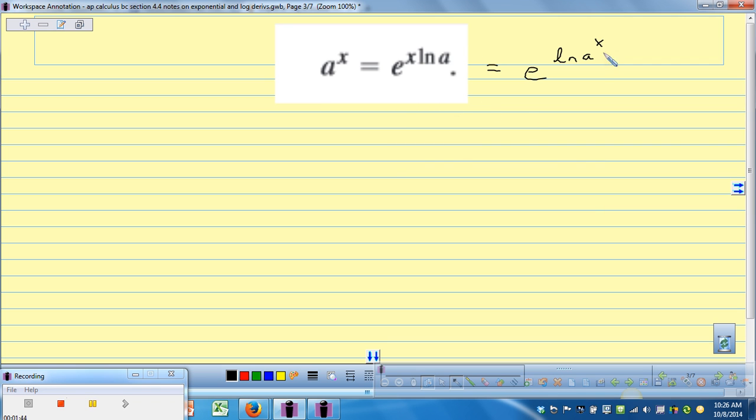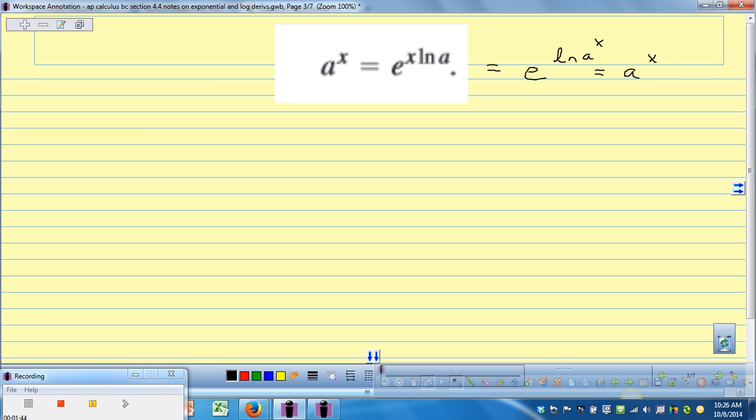Because with log properties, if I have the log of something to the x, can I bring that something down in front? And it's equivalent, right? And what happens when I have e to the natural log of something? They undo each other. So, e to the natural log of a to the x is a to the x. Do we believe this to be true?